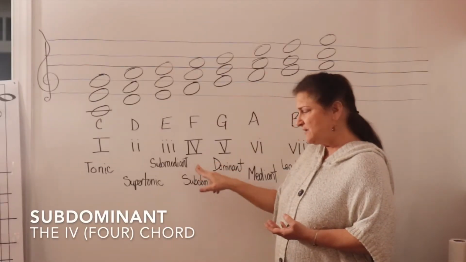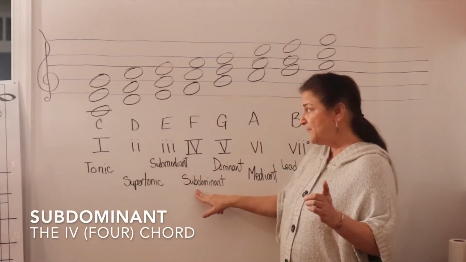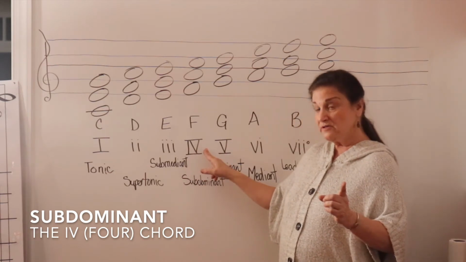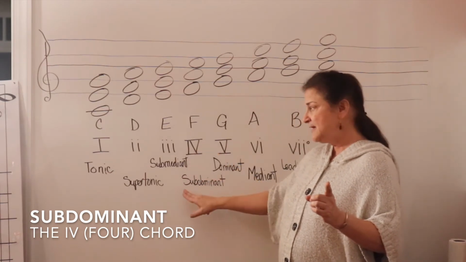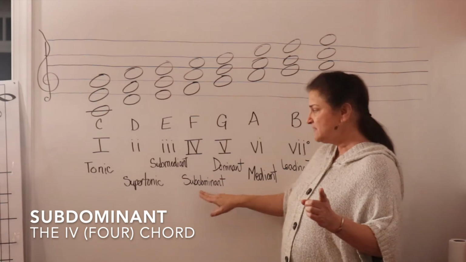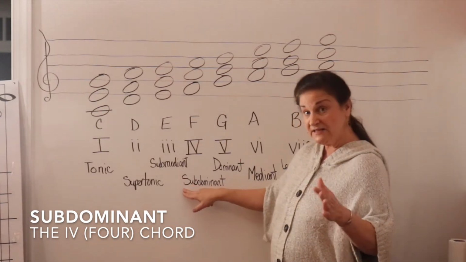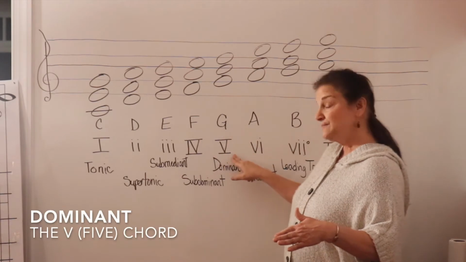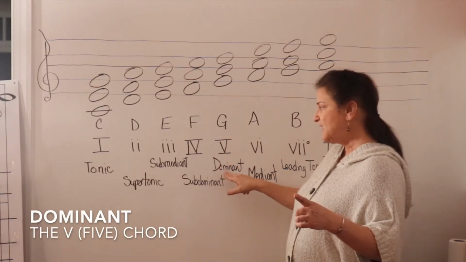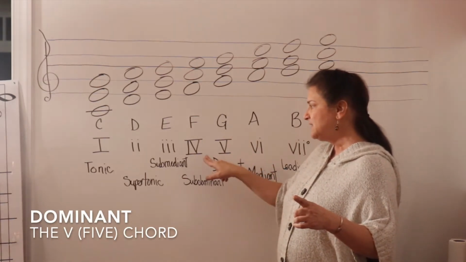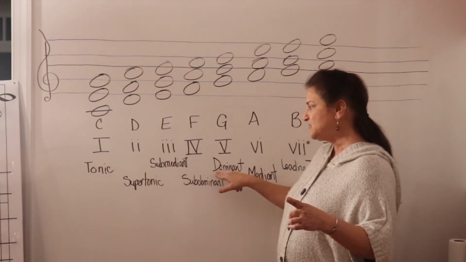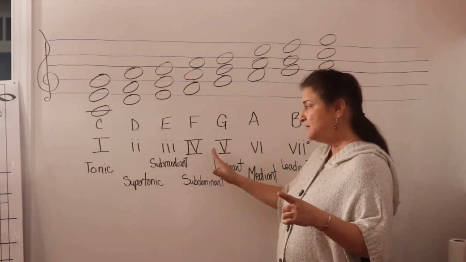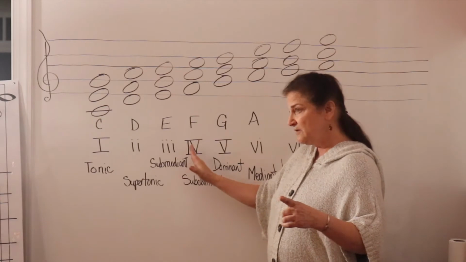The fourth scale step, again a very important one because it's one of our primary chords, it's large case, is called subdominant, sub meaning under, like submarine. And 5, large case, major, primary chord, dominant. So we have dominant, subdominant next to each other, sub meaning under, so it's under before the 5.